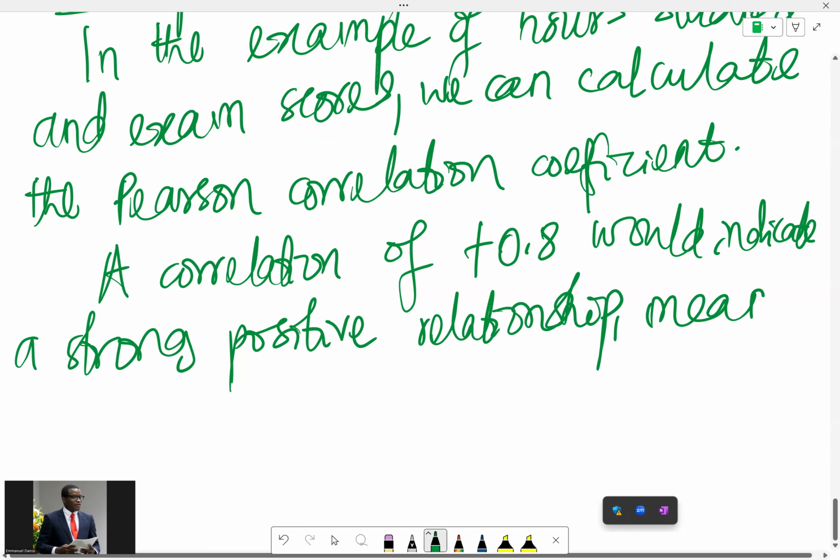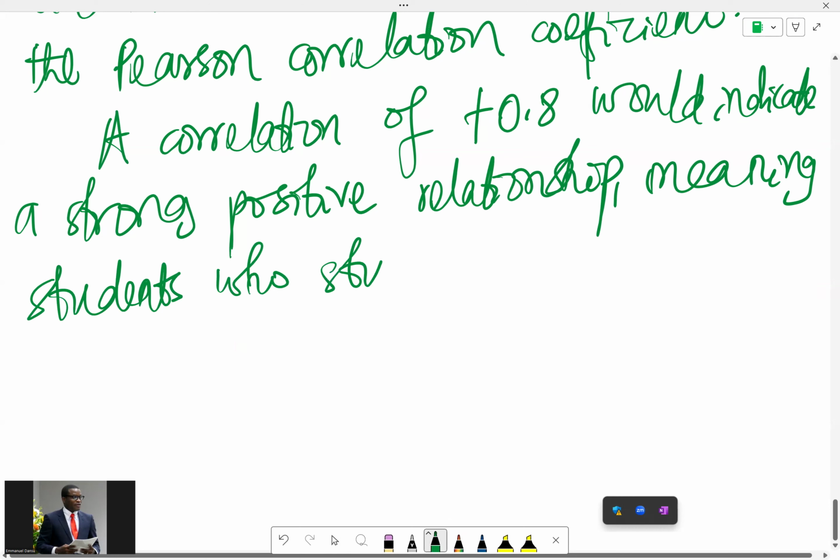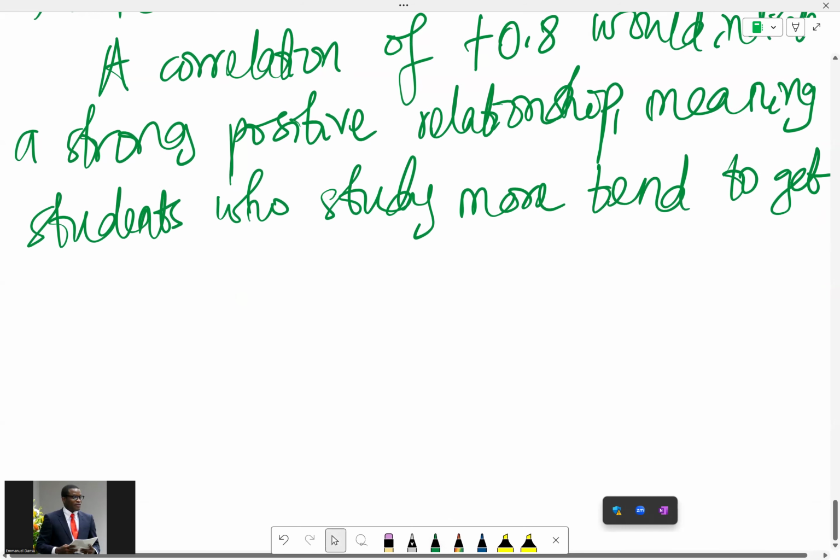Meaning students who study more tend to get higher exam scores.